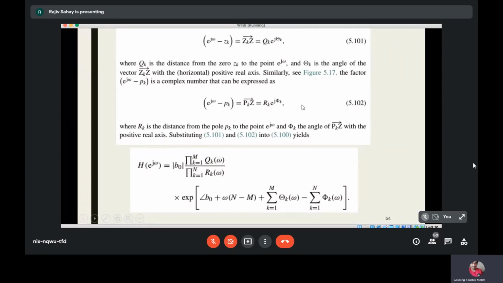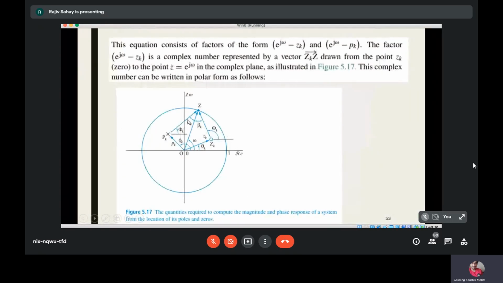So let us see that, from the pole pk to the point e to the power j omega, this is the distance. This is capital Rk, but from here to here it is small rk. So small rk e to the power j phi k is the vector here. This particular vector is capital Rk e to the power j capital phi k. Phi k is this angle.